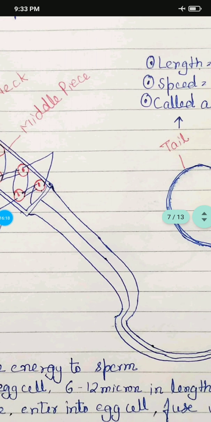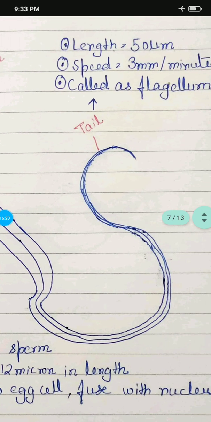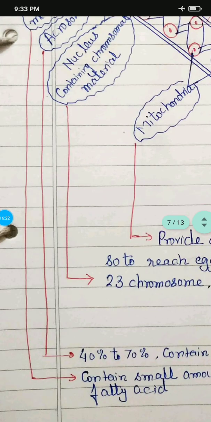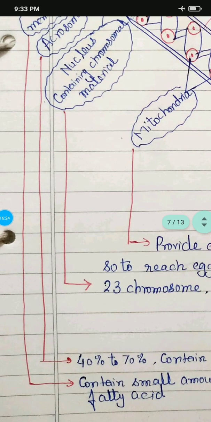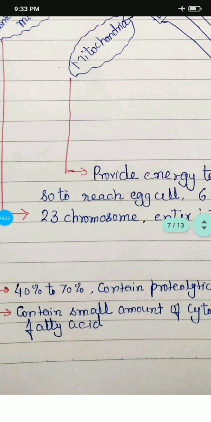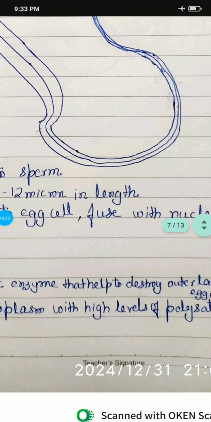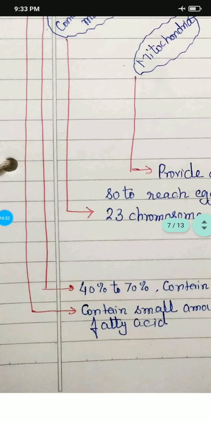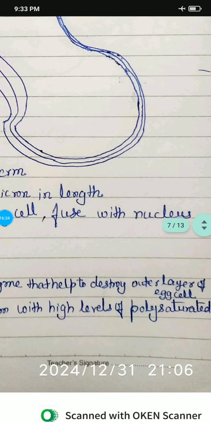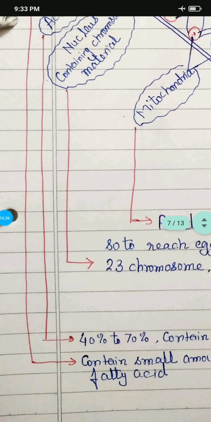I will explain every part. And the tail portion is the last portion. Starting from the plasma membrane, it contains a small amount of cytoplasm with a high level of polyunsaturated fatty acids.